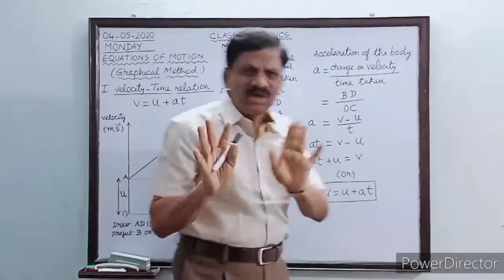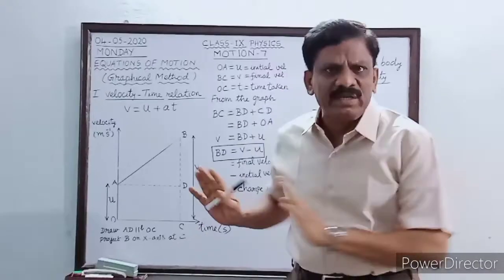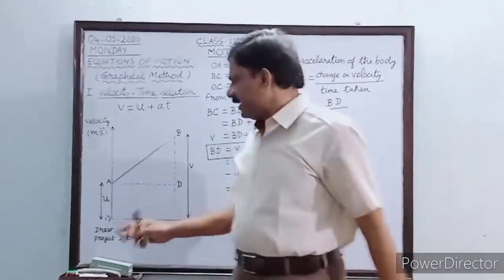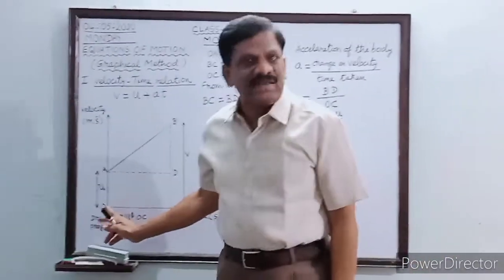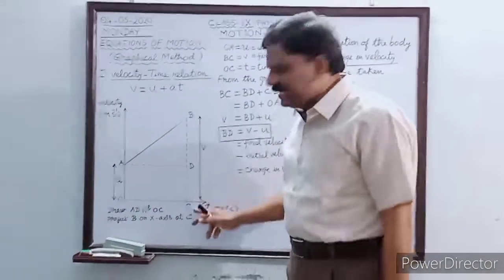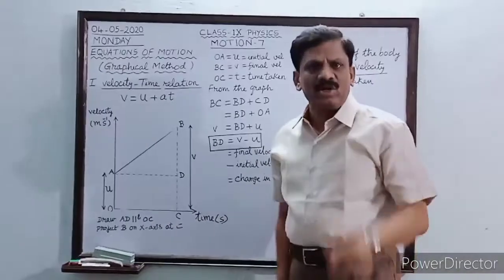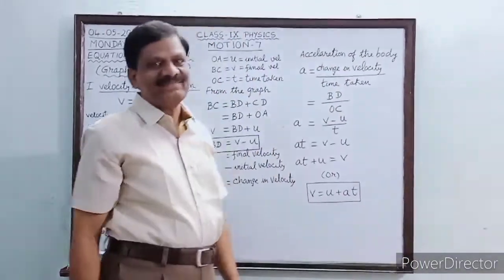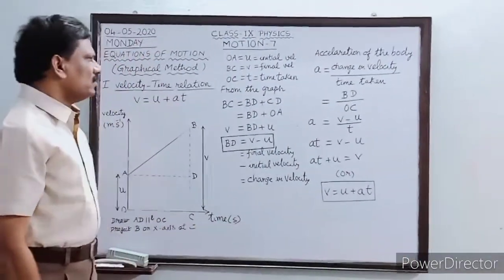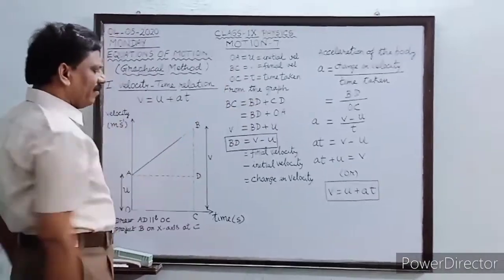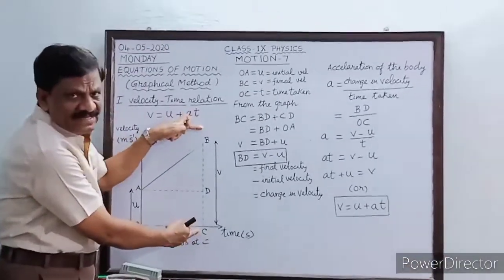Understand? You should thoroughly understand before doing the derivation. So the length OA is equal to U, the initial velocity of the body. The length BC is equal to V, the final velocity of the body. And the length OC is equal to T, the time taken by the body. Now, from the graph, look at this straight line BC.